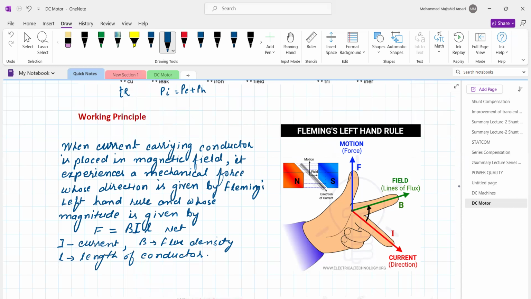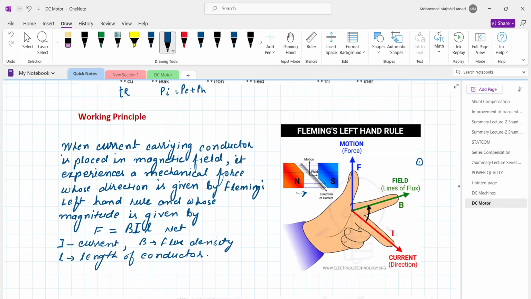So the direction of magnetic flux is from north pole to the south pole. Let the current direction be as given, toward us, means the current is coming out from the screen. So we'll see such type of dot. So this is the direction of current.